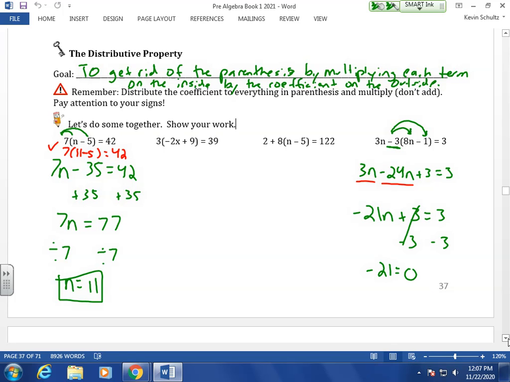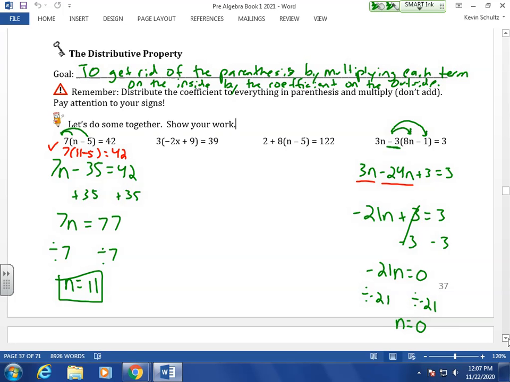Negative 21n equals 3 minus 3, which is 0. Okay? So, negative 21 times what number equals 0? Right? 0. And we still get that by dividing both sides by negative 21. 0 divided by negative 21 equals 0.